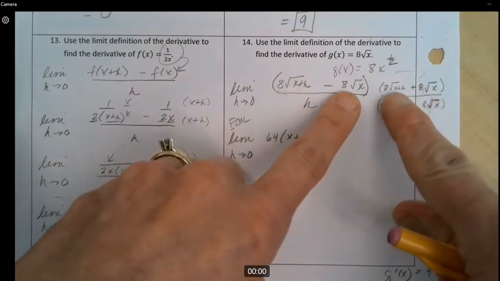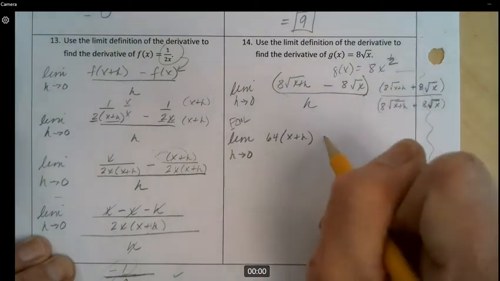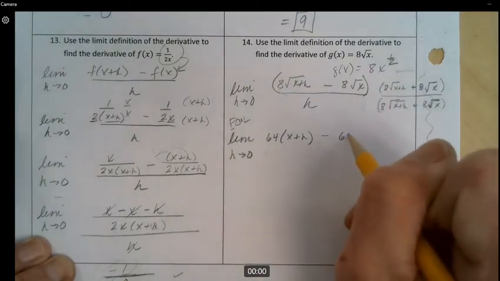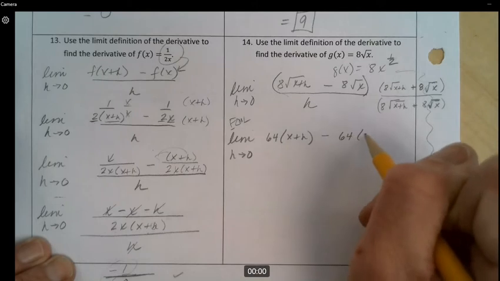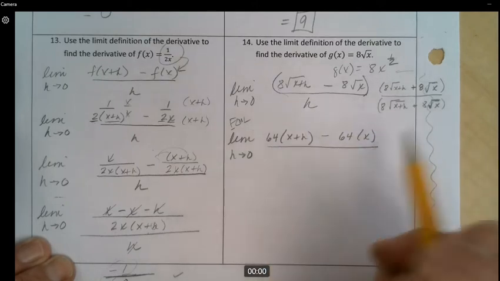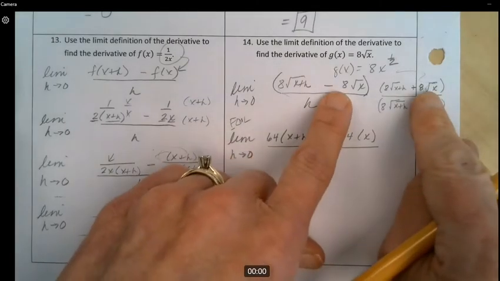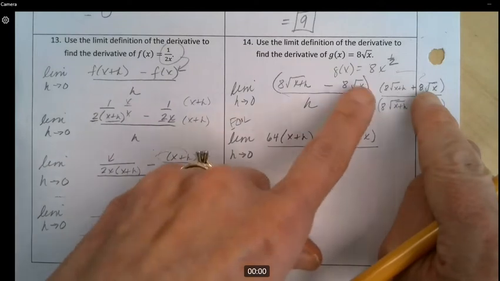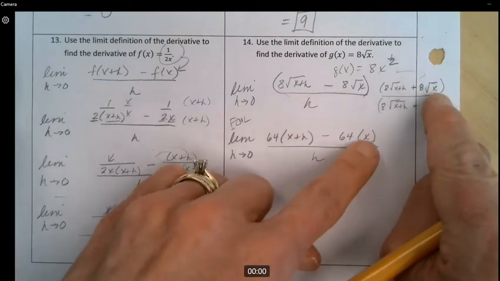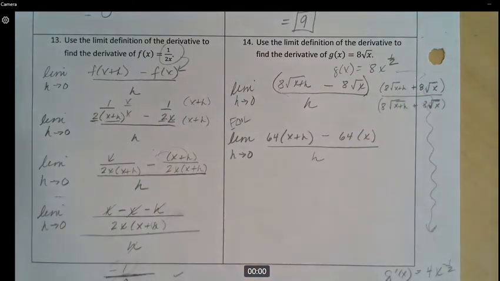My inner terms are negative of these two multiplied together, so they end up being a zero pair. So I don't bother writing them out because it takes up too much time and I don't need to. My last terms are 8 times 8 is 64. Square root of x times the square root of x is x. Positive and negative, give me a negative.